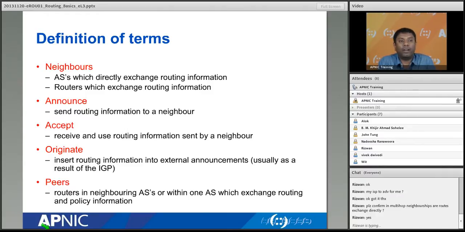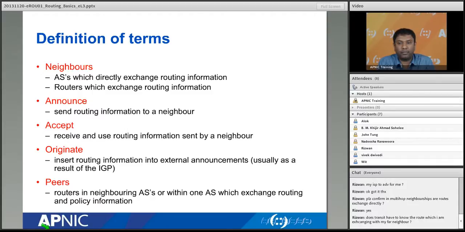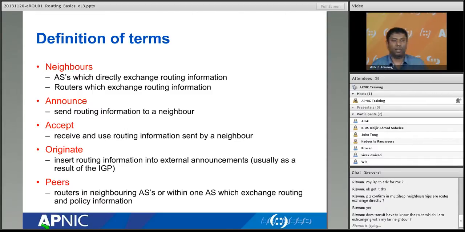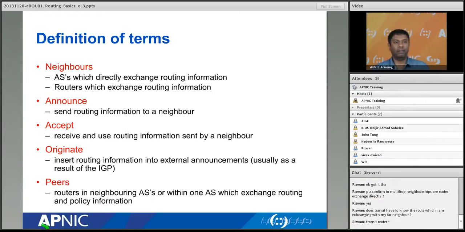All right, so now we will define originate. Originating means, in your router, when you add a network statement, by adding a network statement you are advertising a prefix to your neighbor. That's what we mean by origination. So you are sending the prefix advertisement from that router to the next router, right?